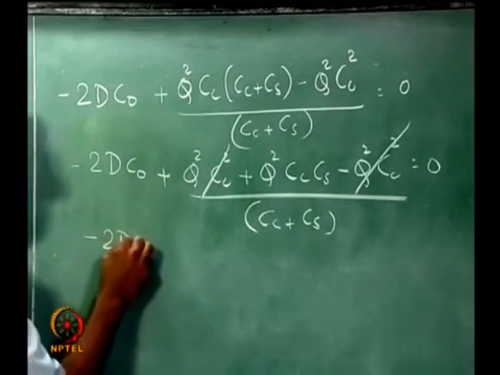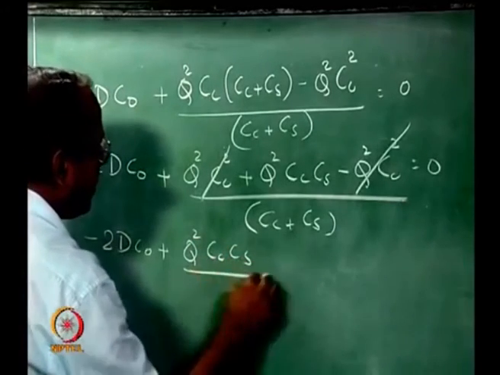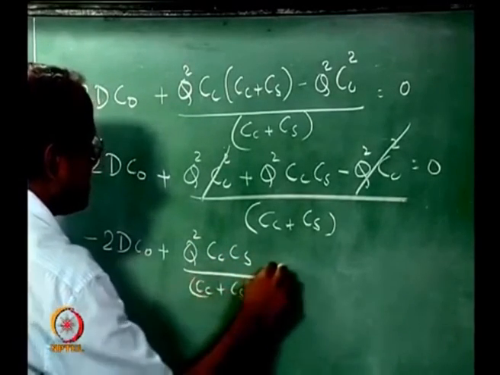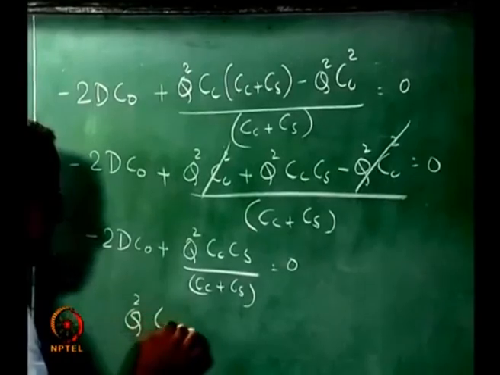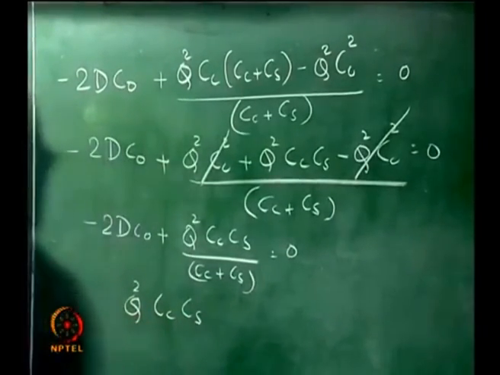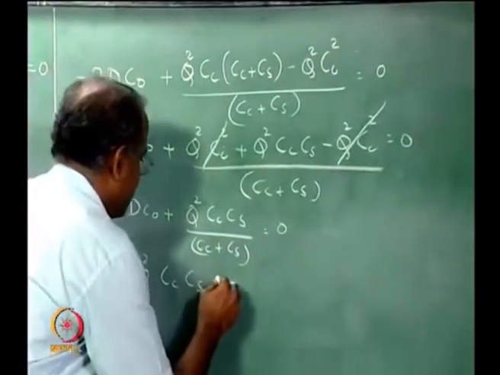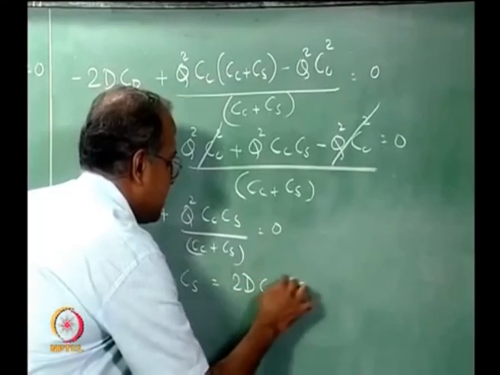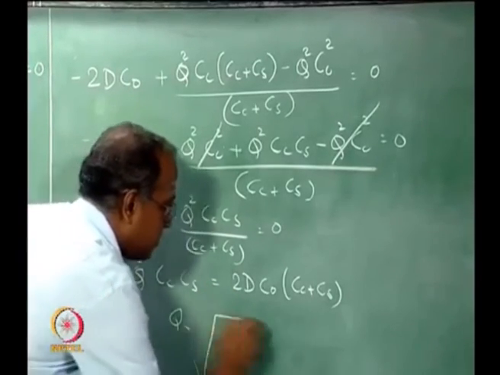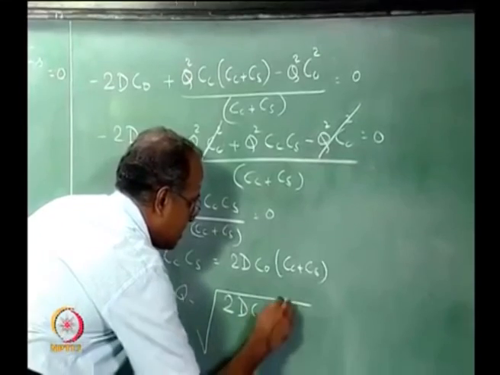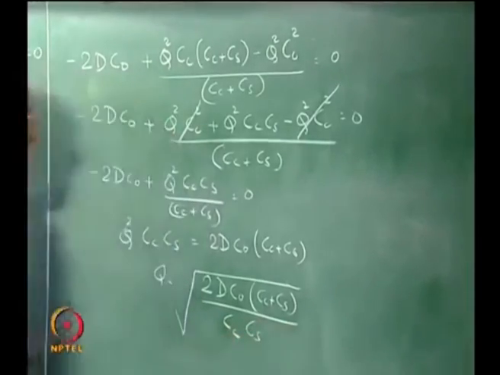So, minus 2d C naught plus q square Cc Cs by Cc plus Cs equal to 0, from which q square Cc Cs is equal to 2d C naught into Cc plus Cs, from which q is equal to root over 2d C naught into Cc plus Cs divided by Cc into Cs.